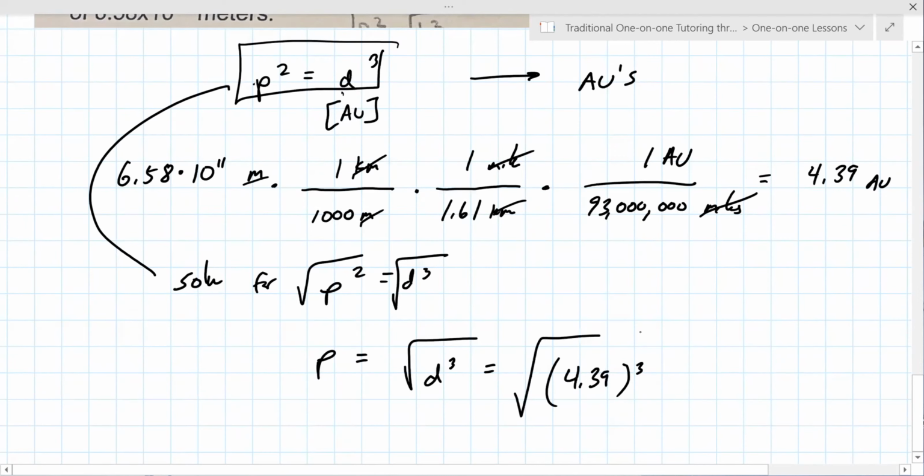You cube it and then take the square root. And then you get the number there for that.